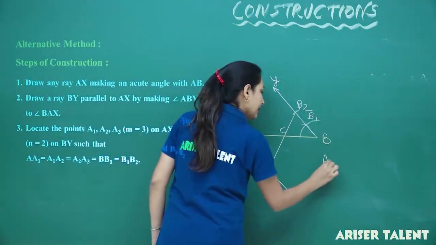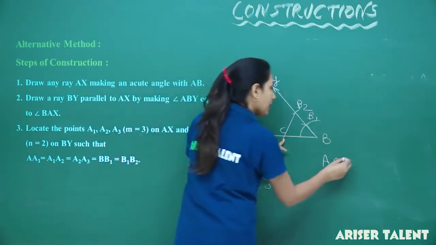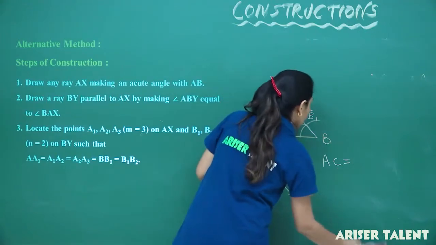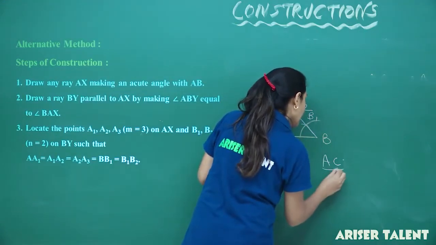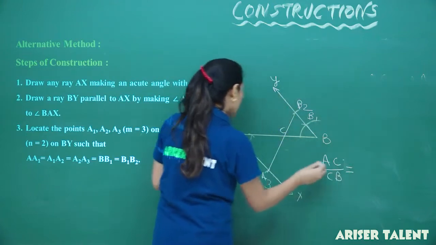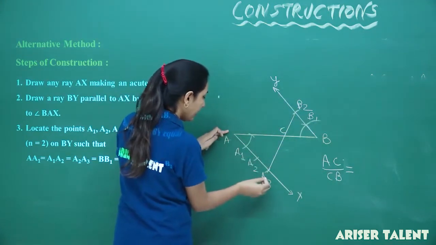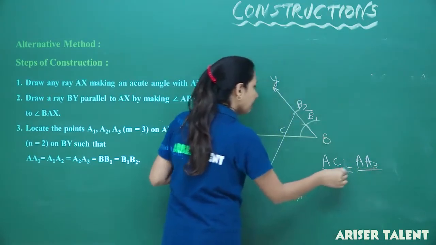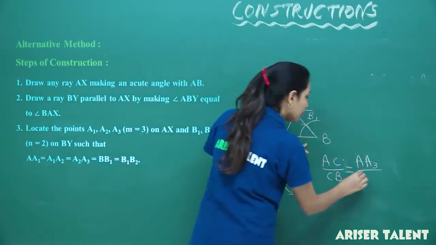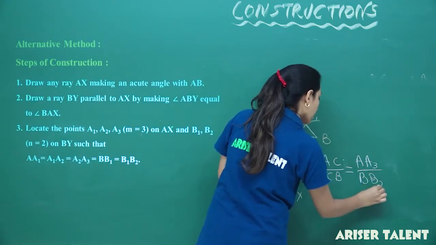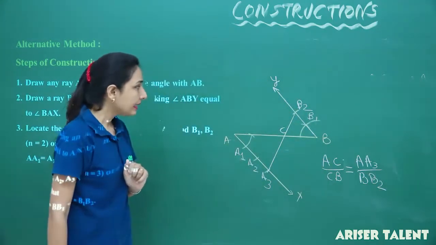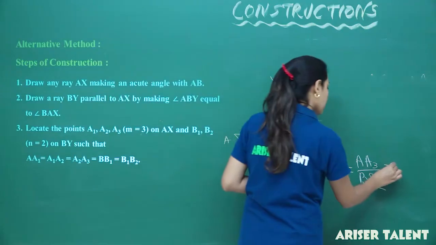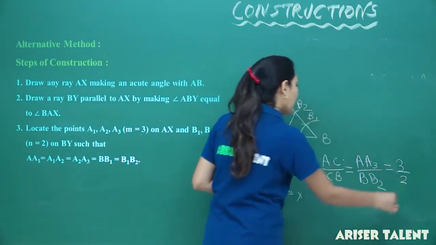Now AC by CB will be equal to A3 by B2, and that will be equal to 3 by 2. And why is this so?